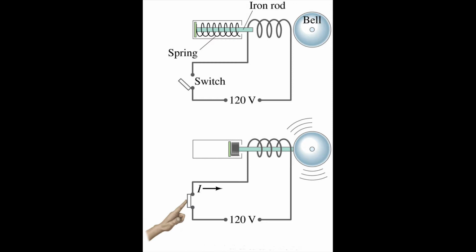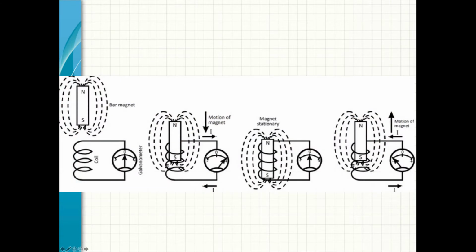Now, it works both ways with electromagnetism. Electricity can create a magnetic effect, but the other thing can happen as well. Magnets can induce an electrical current inside wires. If you have a coil of wire and you pass a magnet into it, this stirs movement in the electrons, which creates an electrical signal.